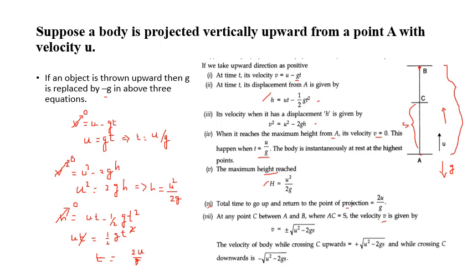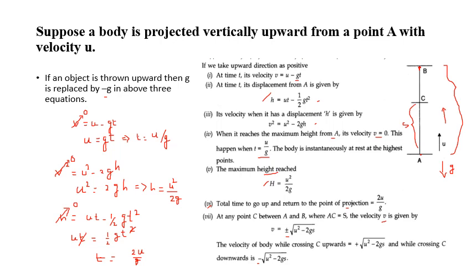So v is equal to plus or minus square root of u squared minus 2gs. Why is this plus or minus given? If a body is traveling in the upward direction, your v will have a plus sign. But if the body is traveling from point B to A, if it crosses C in the downward direction, then your velocity will have a negative sign.